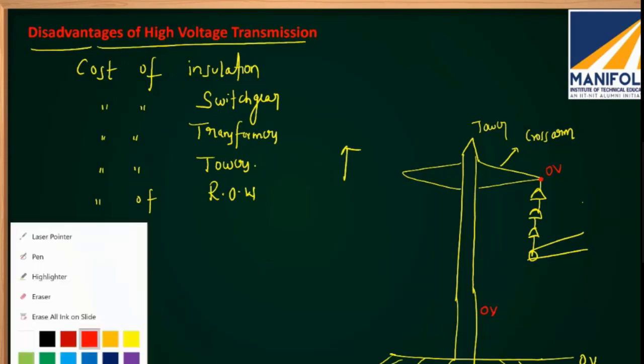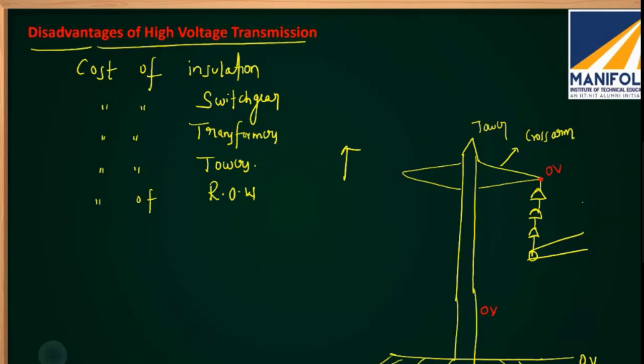Now, what is the voltage at this point, or what is the voltage difference between these 2 points? It is the phase to neutral voltage. Suppose our transmission line voltage is 66 kV.